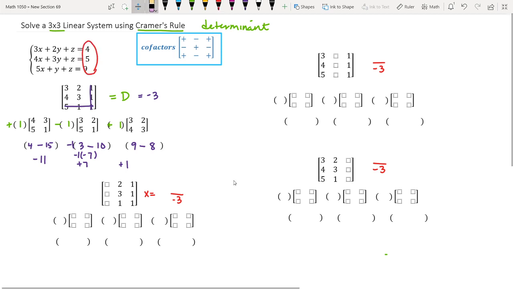Let's make that a little more visible for ourselves. That 459, I'm going to put it into my X here. If I'm solving for Y, I'm going to put it into my Y. If I'm solving for Z, I'll put it into my Z that way. So I'm going to shove all those in there just to get us started.